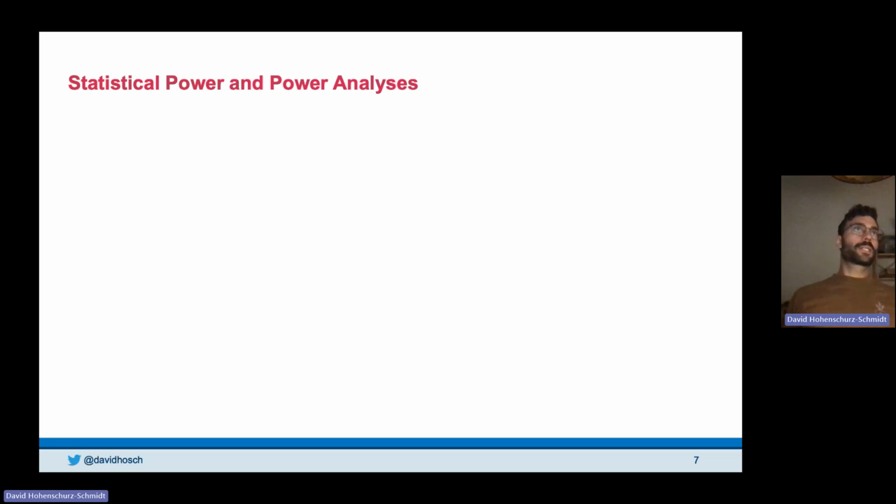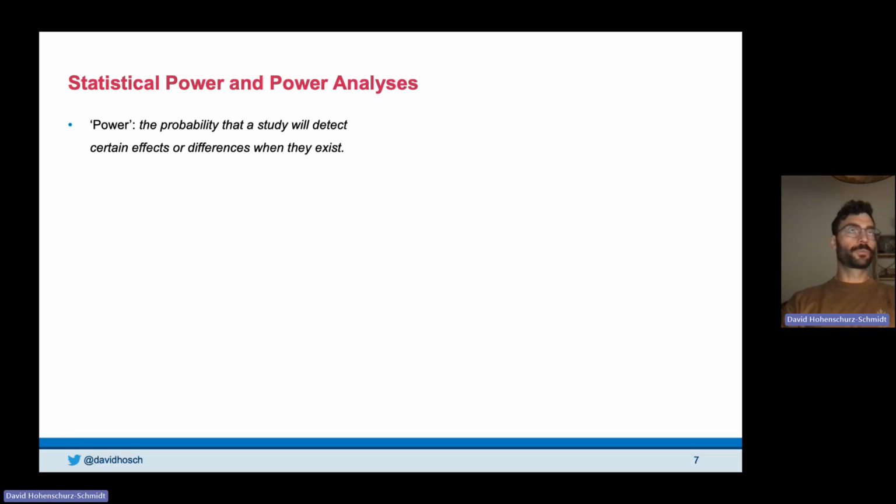Our next topic refers to power and power analyses. And these power analyses are crucial in research because they help us ensure that a study has sufficient sample size to detect meaningful differences or effects, should they exist. So here's the difference for you.